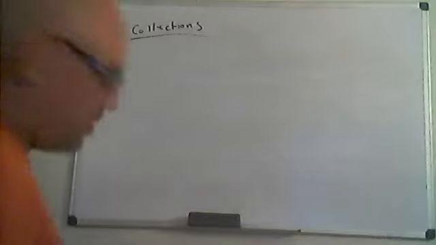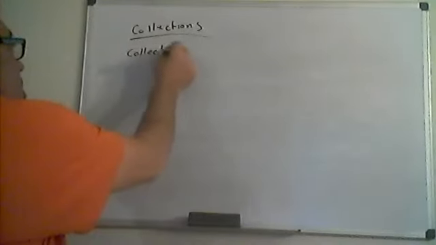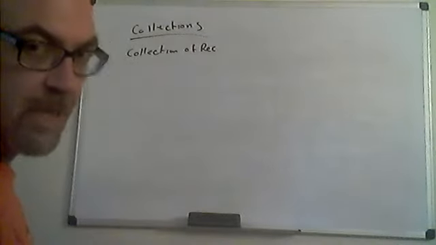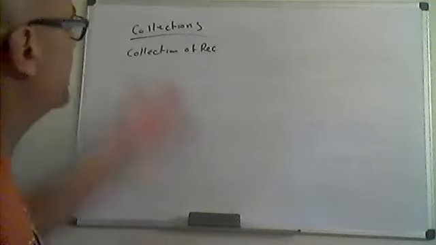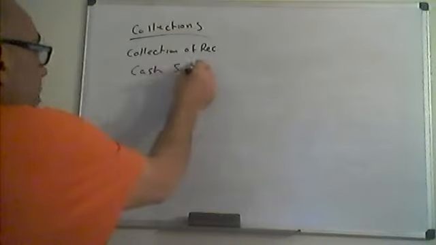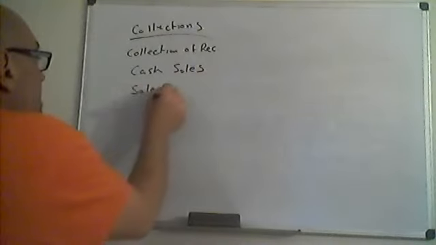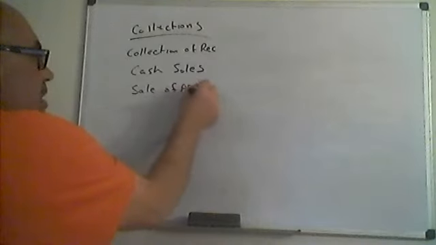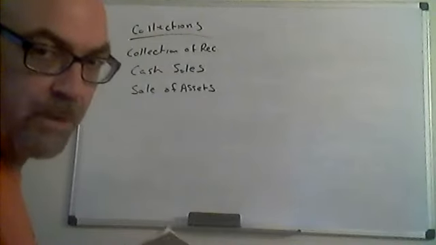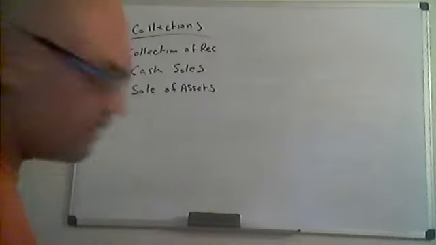Common collections or receipts: collection of receivables. We're going to do a schedule of receivables coming up shortly, and collections of receivables is a big amount. You have cash sales. Of course, that is collection of cash. Sale of assets. That could be selling property, plant, and equipment, or maybe some marketable securities, bonds, and stocks held in another company that you sell and receive cash for.